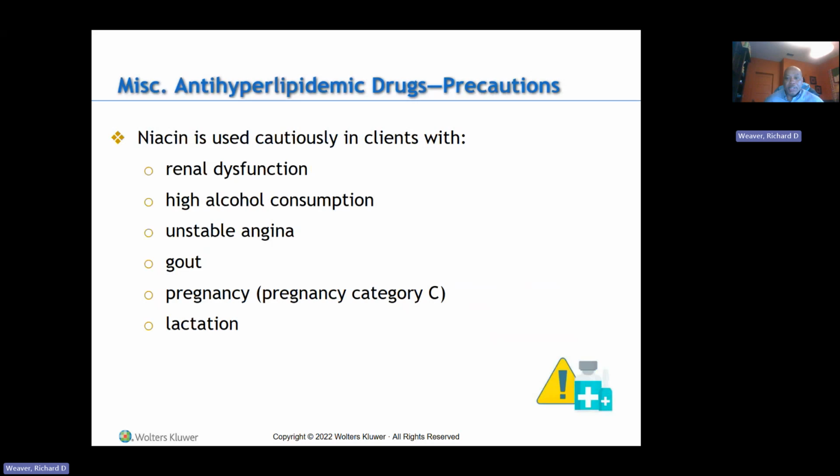There's also a possibility of tendon rupture that can occur with the bempedoic acid. So think about the risk of tendon rupture with the bempedoic acid. That's something you might see again as well.